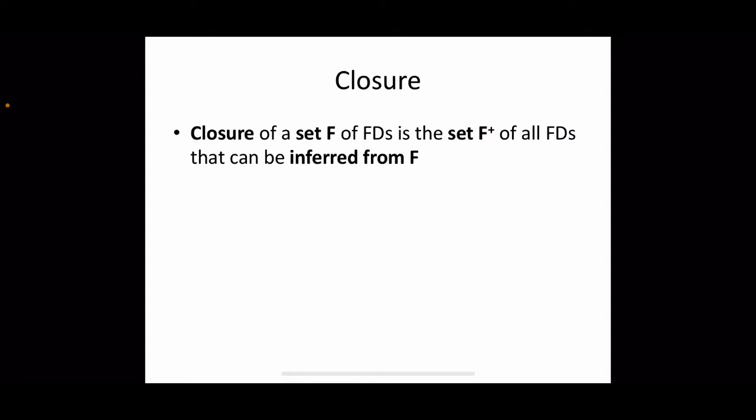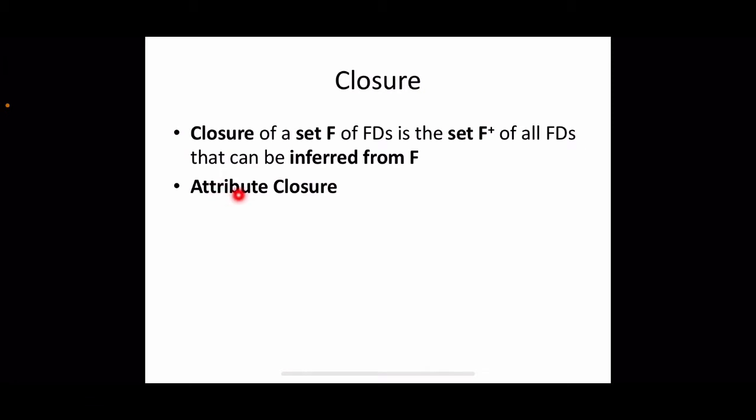For that, first we will determine each set of attributes X that appears as a left-hand side of some functional dependency in F. Then we will determine the set of all attributes that are dependent on X. So instead of finding the closure of a functional dependency, we take the left-hand side of any functional dependency in F, that attribute set, say X, and find the closure of that attribute set.